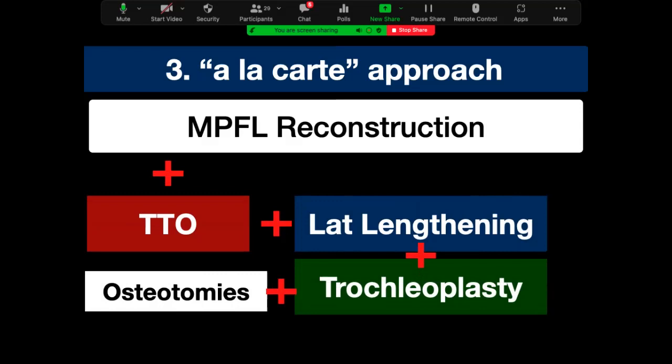So whatever is required for the patient, you add to the MPFL reconstruction. That is Dizo's a la carte approach. But many people do not go for a la carte. They think that probably we have to decide what surgery is required for this particular patient before you undertake any surgery.